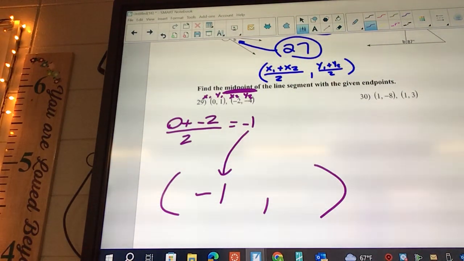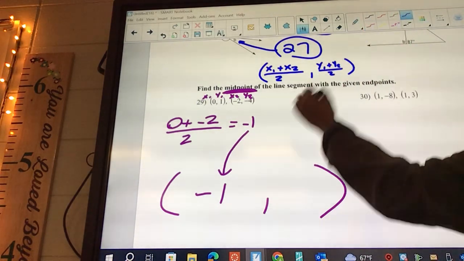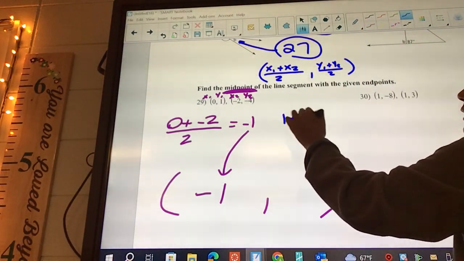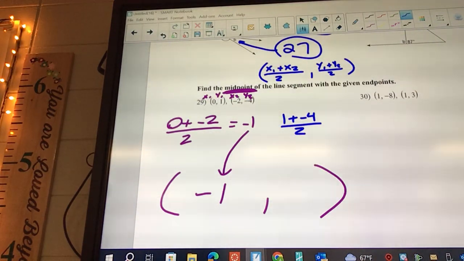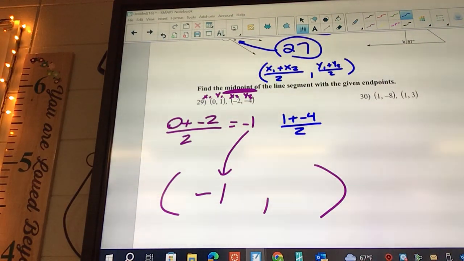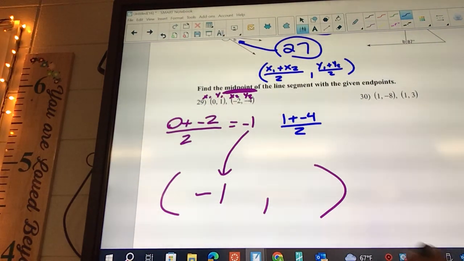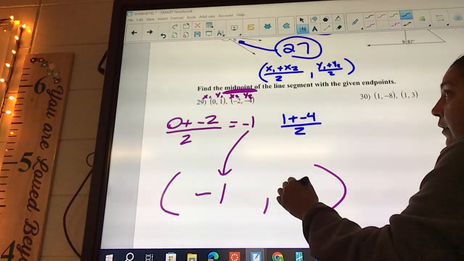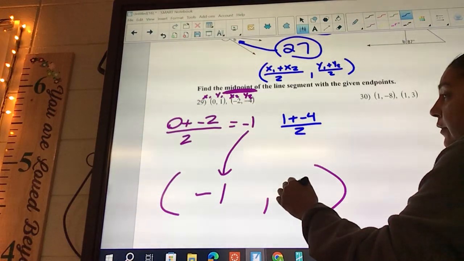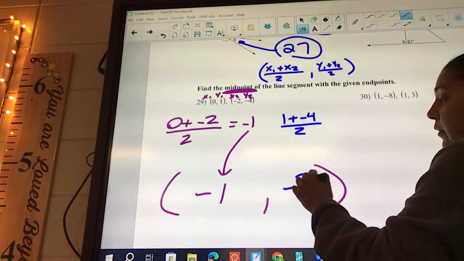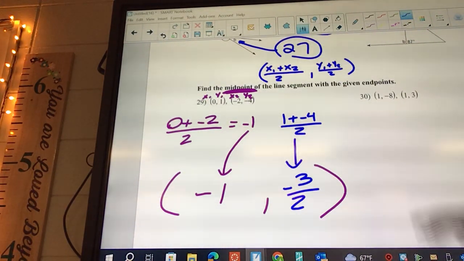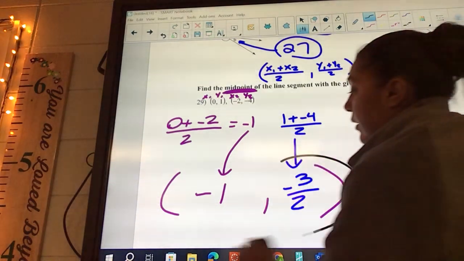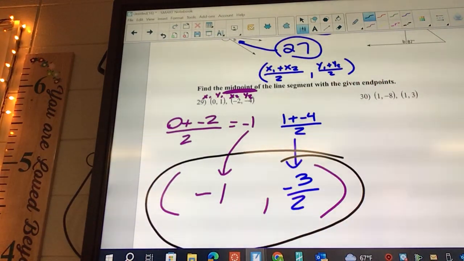Okay, for the y's, I got 1 plus -4 over 2. What is that? -1.5. What's the fraction? -3 over 2. Okay, and so this is your answer. This is how your answer should look, as a coordinate.